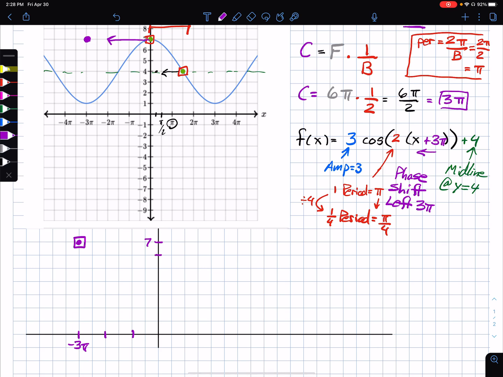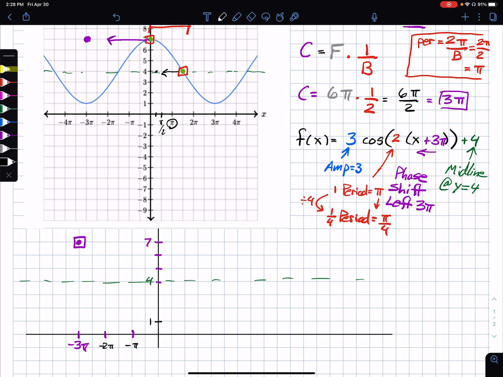Okay, and then we had our midline, which I had in green originally, so we'll stick with that. Midline going through 4 there. So I know my other dot is going to be on the midline, and it's got to be a quarter period away. Let me finish labeling this. This is negative pi, negative 2 pi, and I get as low as 1 on this.